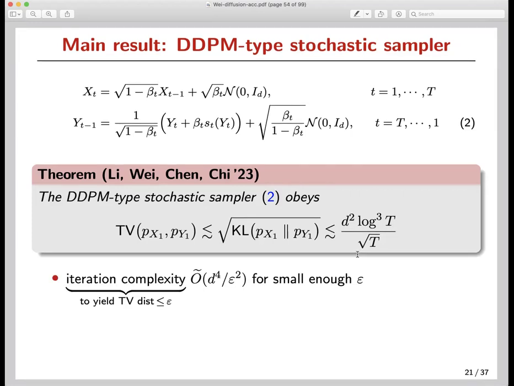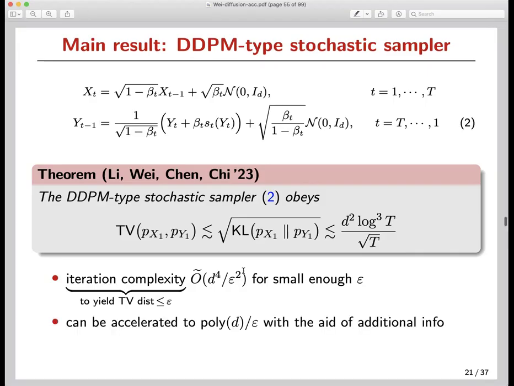This means that if you aim to design a sampler with TV distance smaller than epsilon, then if you let the right-hand side be bounded by epsilon, it requires the number of iteration steps to be d to the fourth power divided by epsilon squared. We are able to accelerate the DDPM to get a sharper dependence on epsilon, but I will talk about that later.